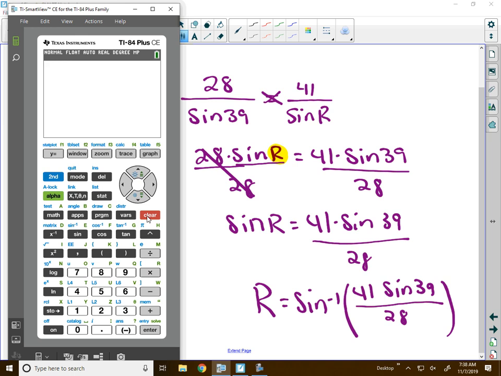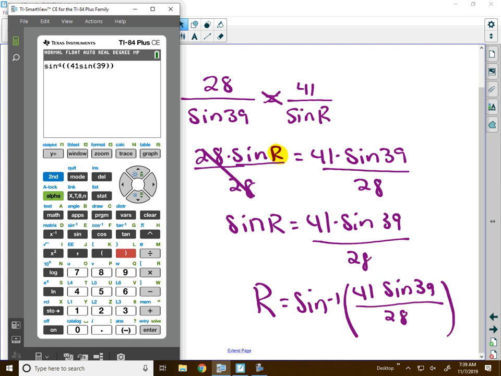We're going to do second sine. Okay, or if you're on an Inspire, you can get the sine inverse. Okay, and then think about this in parts. Your numerator is separate from your denominator, so go ahead and start another parenthesis. Okay, that second parenthesis that we started is strictly for our numerator. So do 41 sine 39.